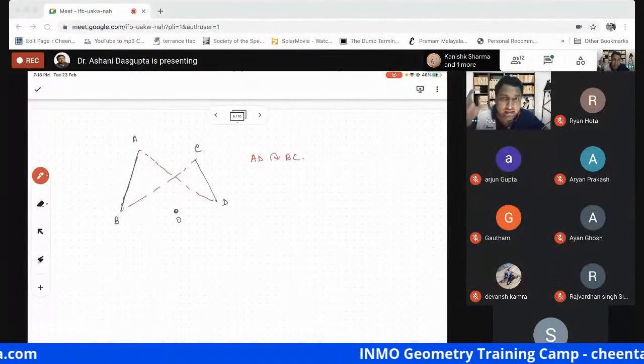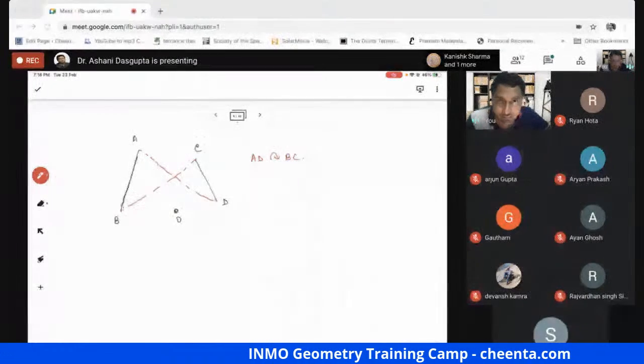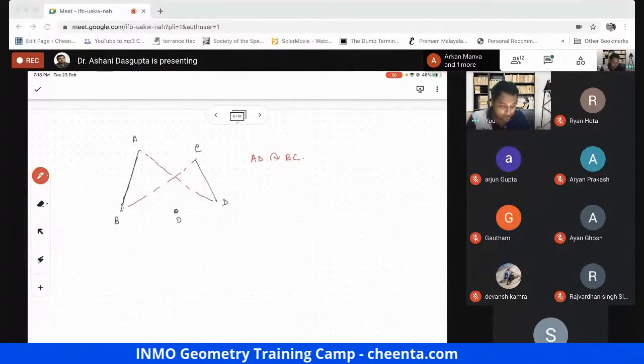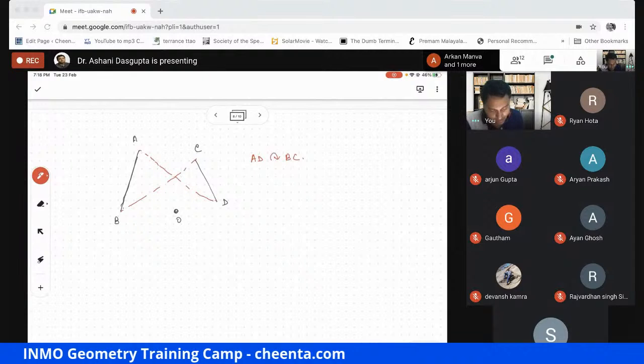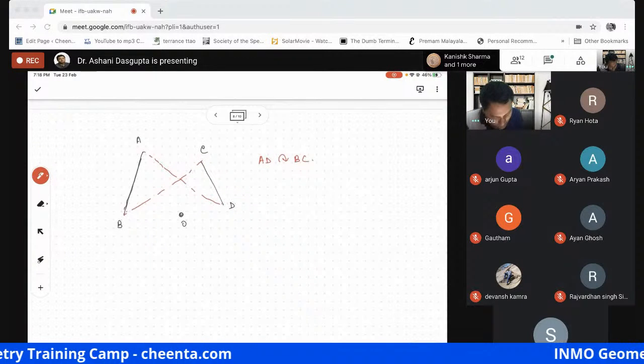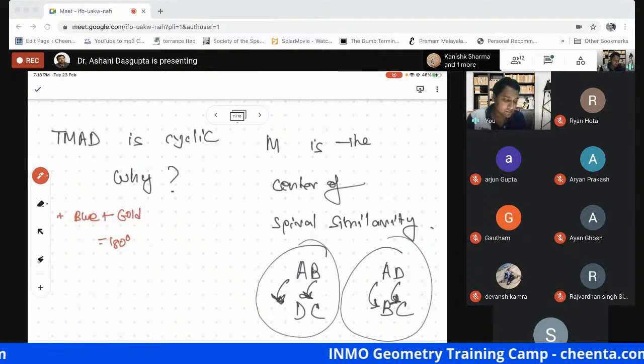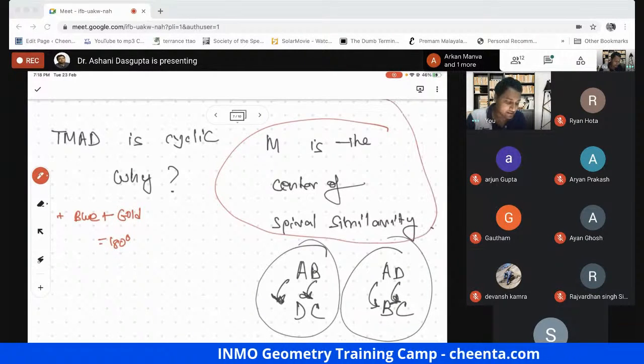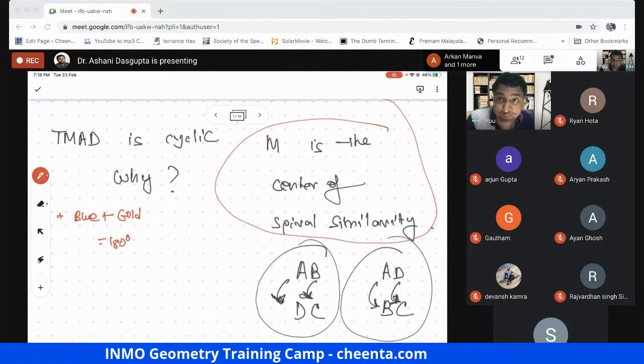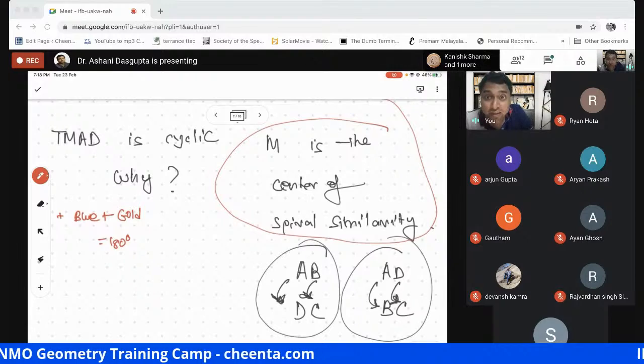Okay, so if you look at the Miquel point problem, the Miquel point of a cyclic quadrilateral ABCD, then the claim was that M is the center of spiral similarity that takes AB to DC and AD to BC. So how can you quickly argue it?